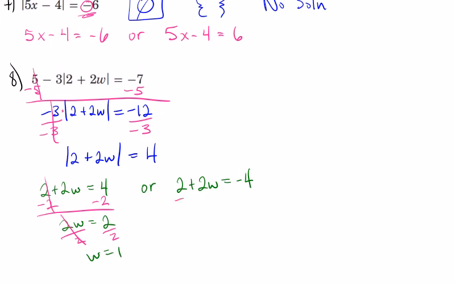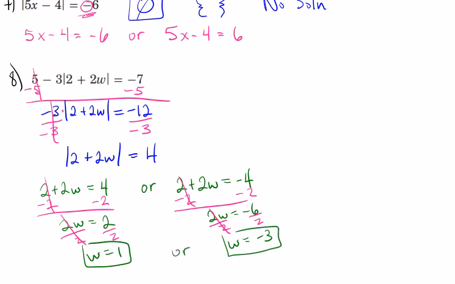Now on the other one, I'm going to subtract 2 from both sides, so I get 2w equals -6. Now I'm going to divide by 2, so I get w equals -3. All right, so those are my 2 possible solutions, and that's how it works.